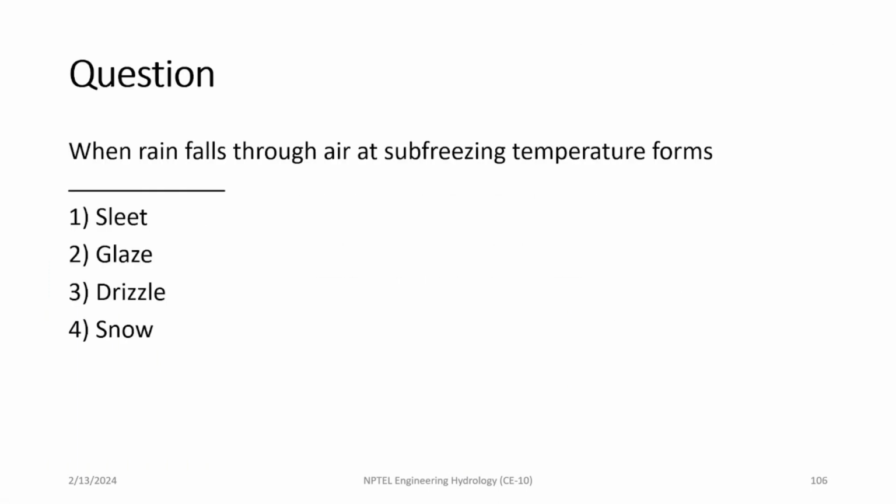Now we are continuing further. This question is associated with a concept, the type of precipitation, which you may have already gone through. It is asking: whenever there is rainfall in an area, it will definitely be passing through the air, but there is a certain condition that the air surrounding it is at sub-freezing temperature.